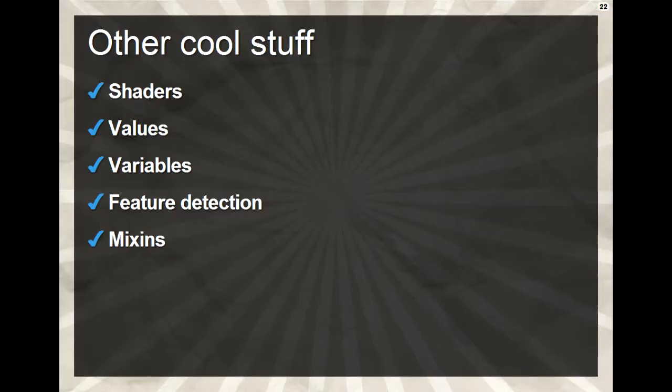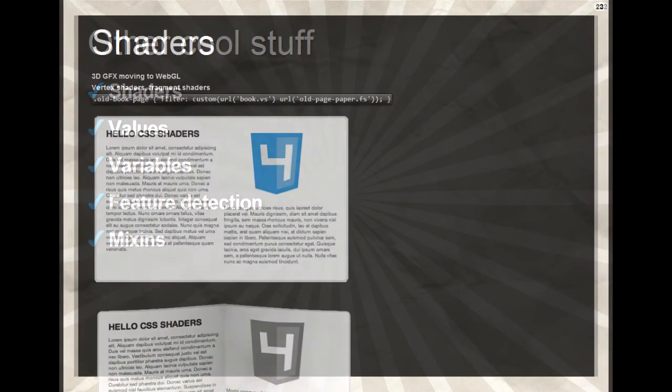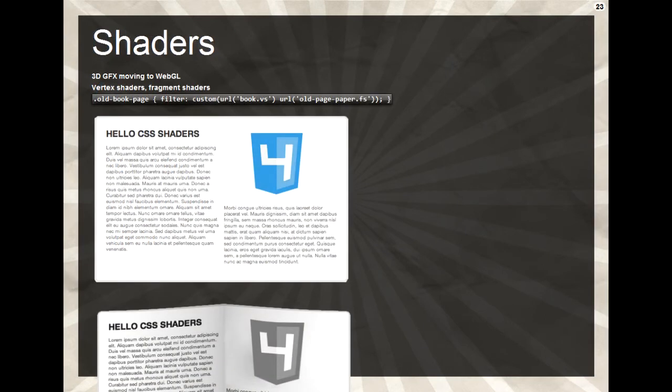Other cool stuff from the future that I think will be used: the shaders. This one is known to the 3D guys that are working on games, for example, and different kinds of visualizations. They can move easily to WebGL, the 3D graphics in the browser, using the vertex shaders and fragment shaders known to them.